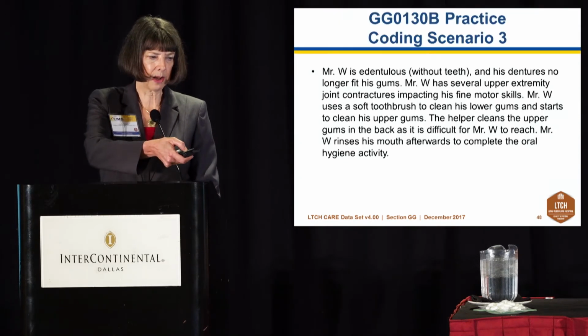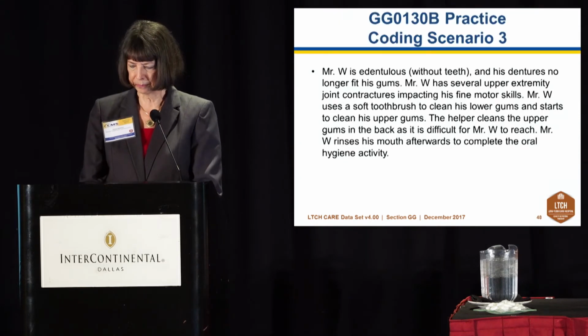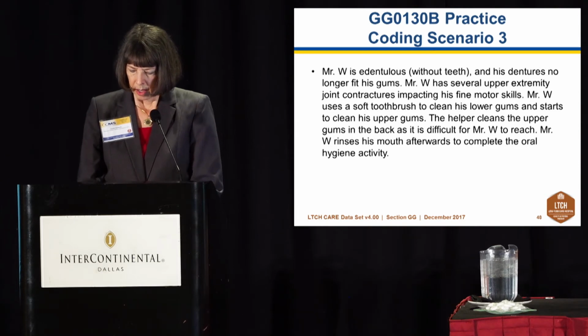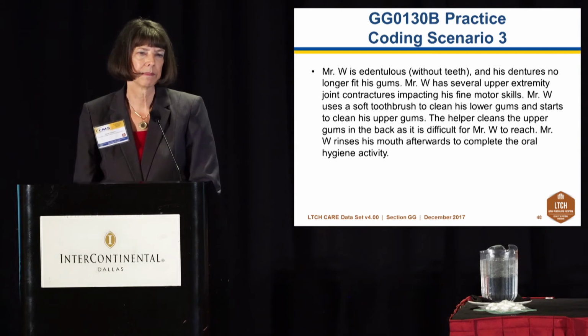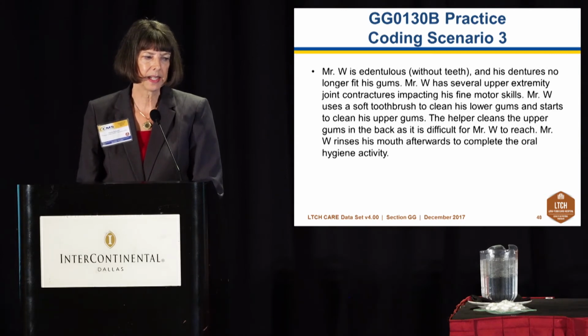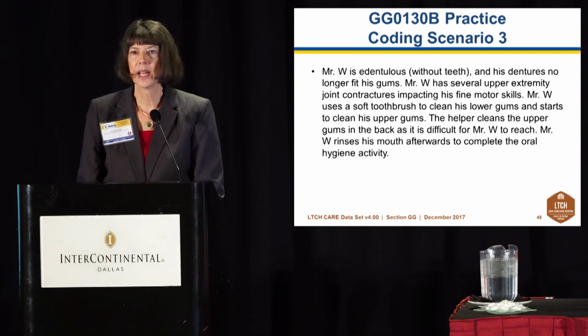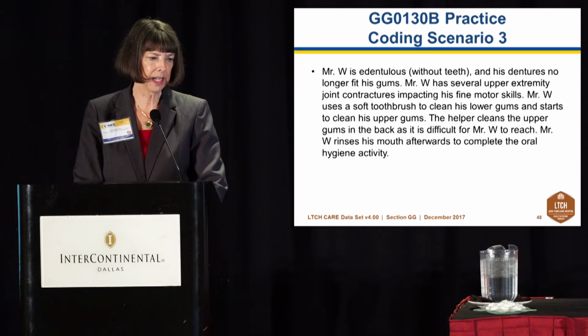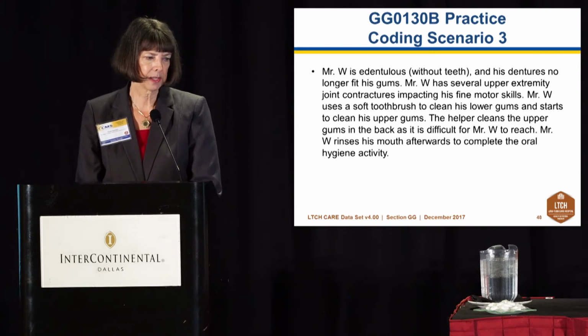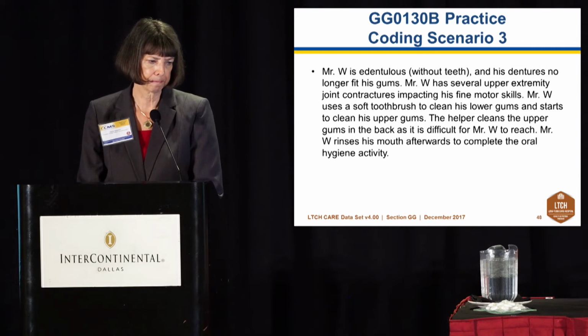So let's try this out in a scenario. Mr. W is edentulous, meaning without teeth, and his dentures no longer fit his gums. Mr. W has several upper extremity joint contractures, and this impacts his fine motor skills. Mr. W uses a soft toothbrush to clean his lower gums and starts to clean his upper gums.